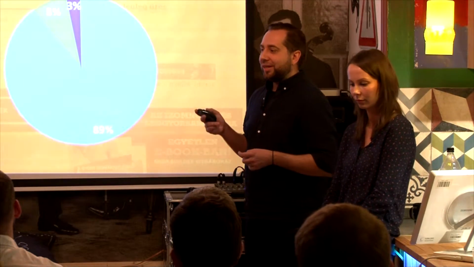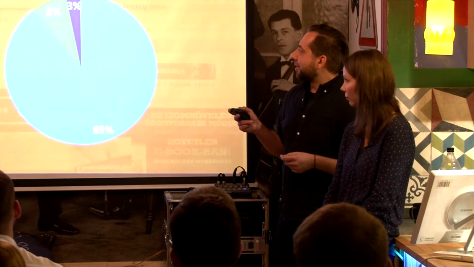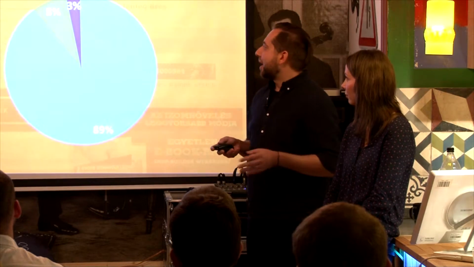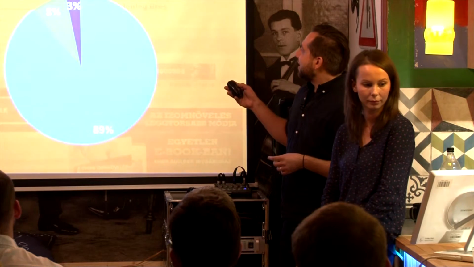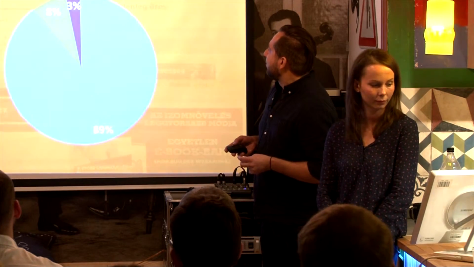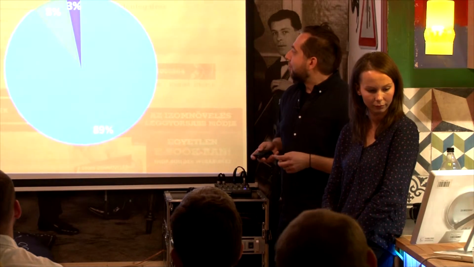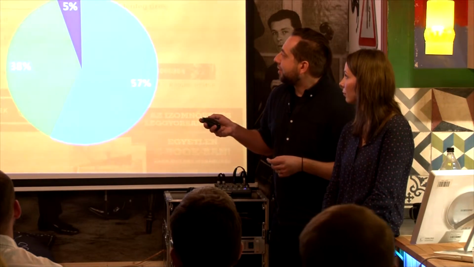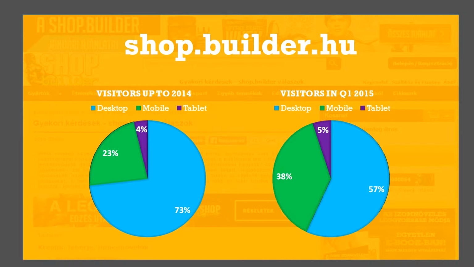Twice as many visitors visited their segregated mobile site, which is m.builder.hu. And in the meantime, you see the mobile site contributed to the revenues even more. But maybe here you can see the numbers and compare them better.